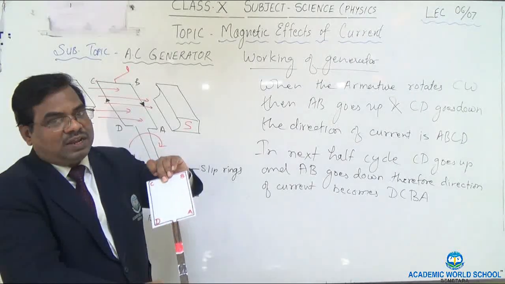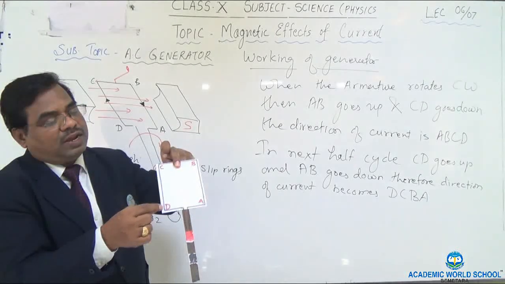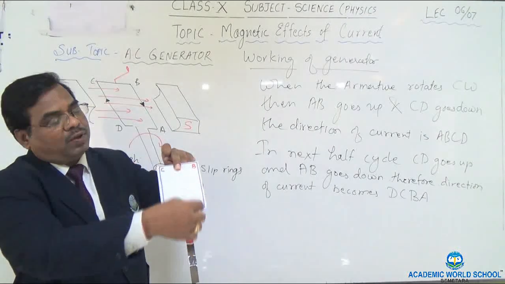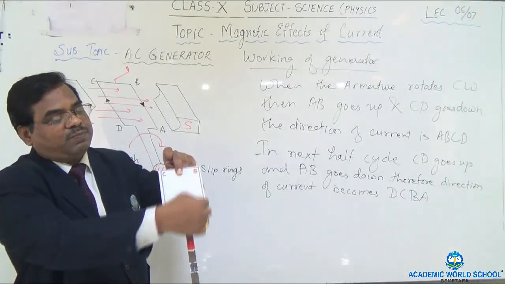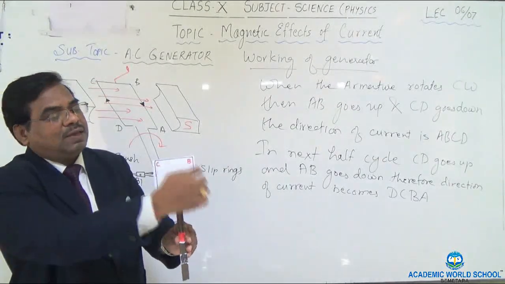So when CD will come up, the direction of current will be from D to C to B to A. So it will be D, C, B, A.